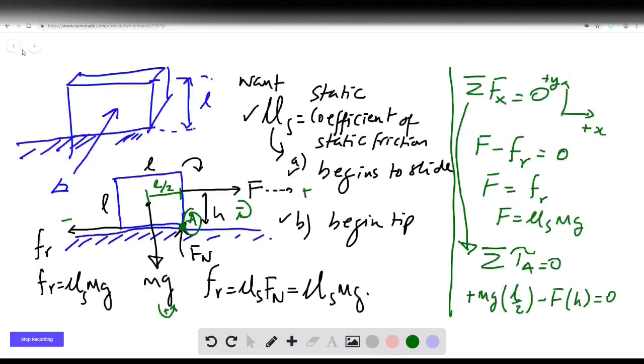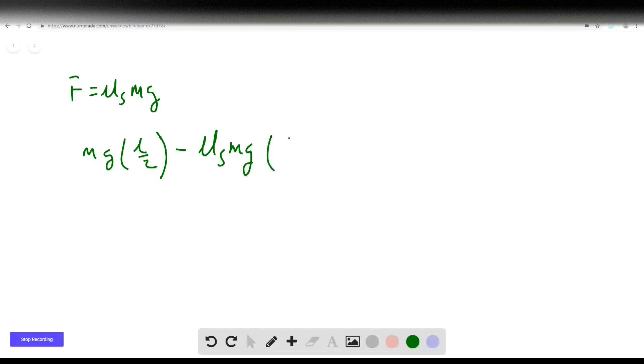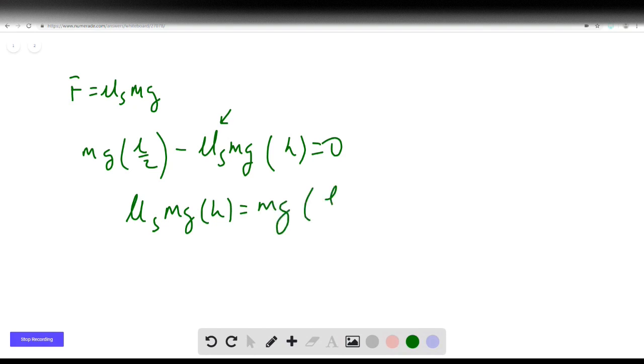Since F is mu s mg, we have mg L over 2 minus mu s mg times h equals 0. Solving for mu s, mu s mgh equals mg L over 2.